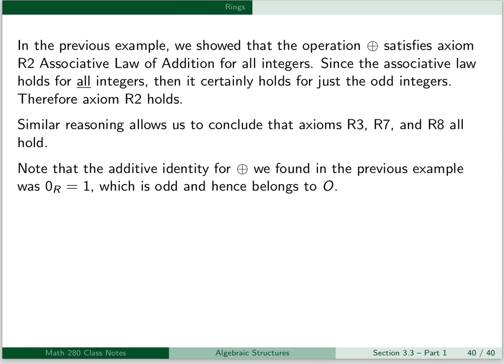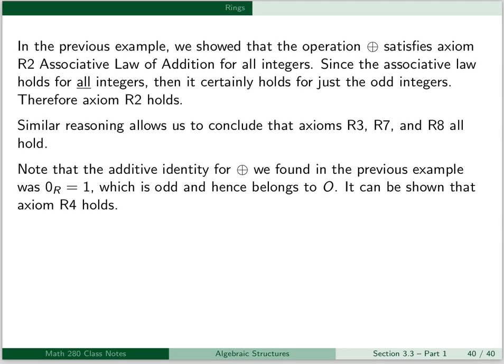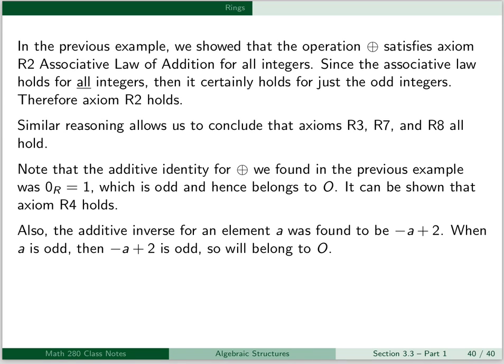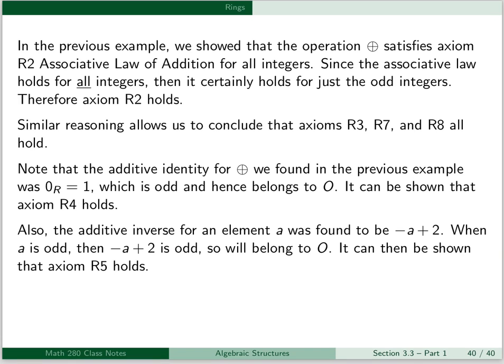And note that the additive identity for circle plus we found in the previous example was 0 sub R equal to 1, which is odd and hence belongs to O. It can then be shown that axiom R4 holds. Also, the additive inverse for an element a was found to be minus a plus 2. When a is odd, then minus a plus 2 is odd, so will belong to O, and it can then be shown that axiom R5 holds.